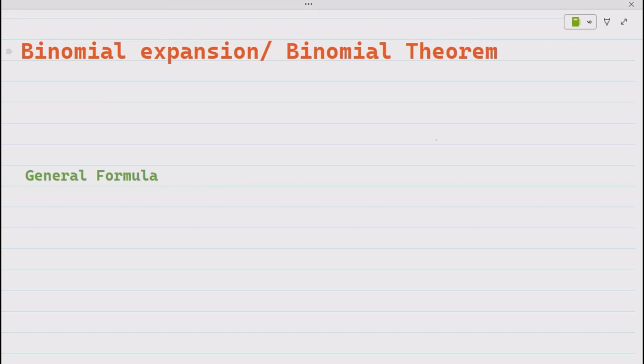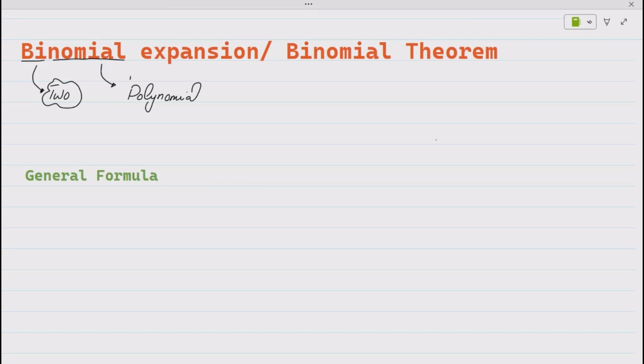The word binomial consists of two words. The first one is bi and the second one is nomial. Bi means two. This is because the binomial formula has two terms in it. The other word is nomial, which comes from the word polynomial, and this is because when you open up the binomial expansion, you get a polynomial.